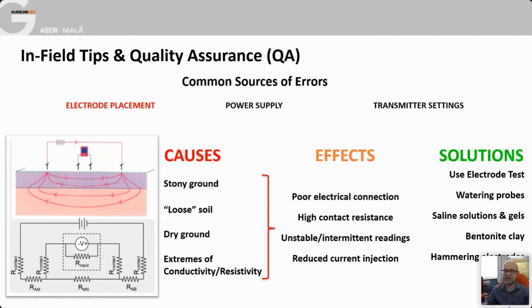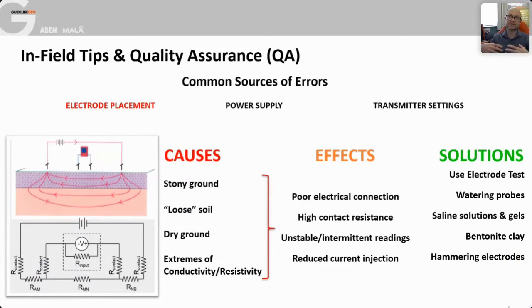Or just increase the surface area in contact with the ground, because more surface area gives the current more room to spread out. So we can hammer electrodes in deeper, try longer electrodes, or actually use multiple electrodes. Take 5 or 6 electrodes, connect them all together, and then connect one back to your spread cable. That acts as if you've got a much larger electrode in the ground.